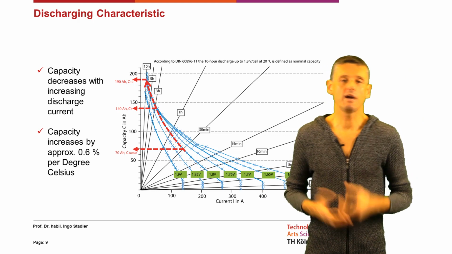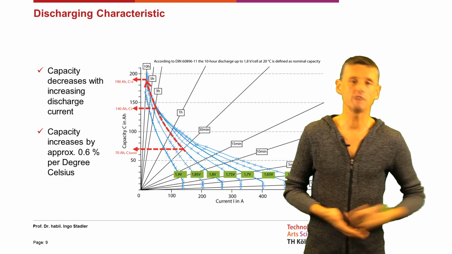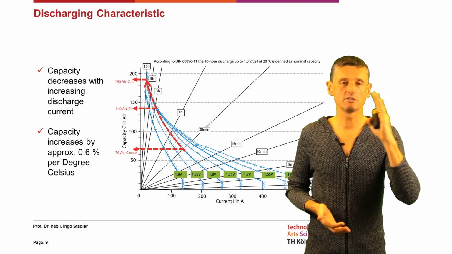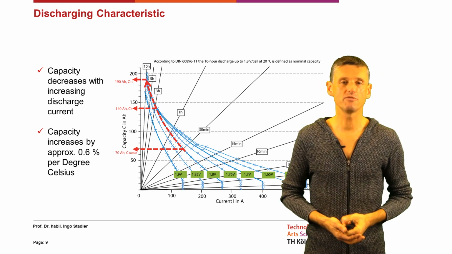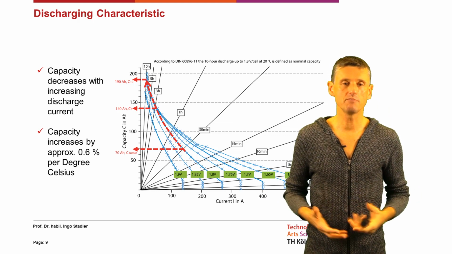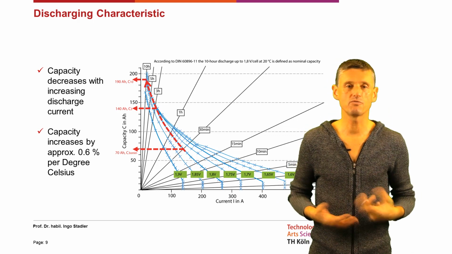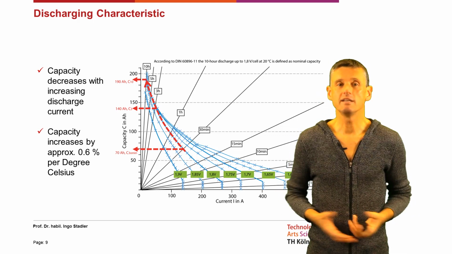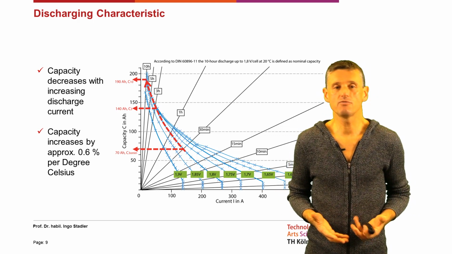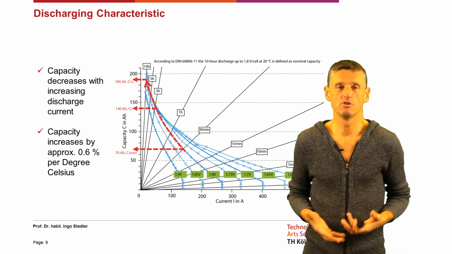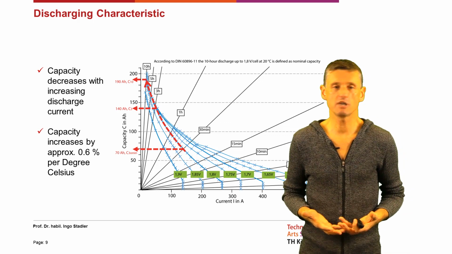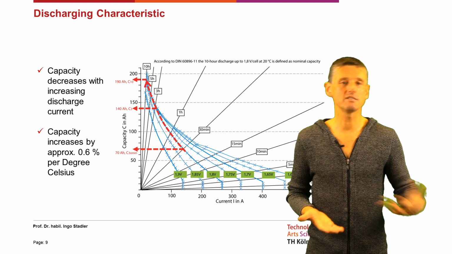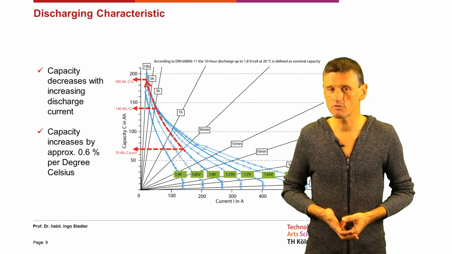When we divide the capacity by current we get time, and that is the straight lines in the diagram with different time perspectives: 1 hour, 3 hour, 5 hour, or even only a few minutes. There we can see that, for example, with a low current discharging the battery in 10 hours, we have a capacity of 190 ampere hours.